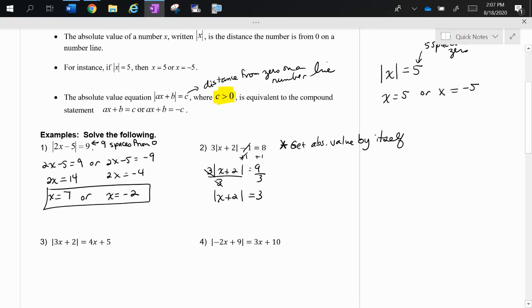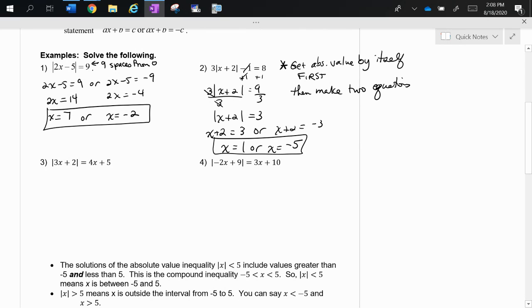Don't write your two sentences until after you get the absolute value by itself first. Then make two equations: x plus 2 is equal to 3, or x plus 2 is equal to negative 3. So we get x is either 1 or x is equal to negative 5.